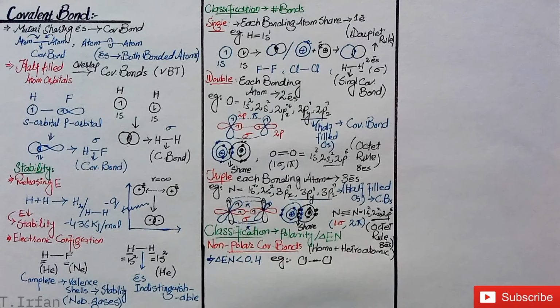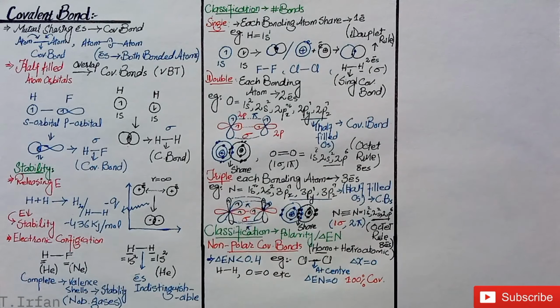For example, in homoatomic molecules like Cl2, the shared electrons are at the center of the bonded atoms, as here the electronegativity difference is 0, and these molecules or bonds are considered 100% covalent. There are many other examples such as oxygen and hydrogen molecules.